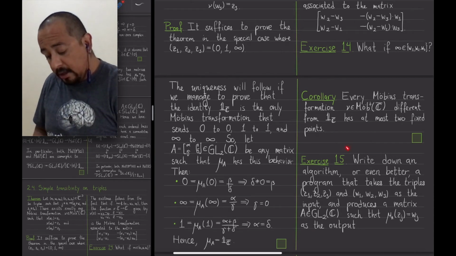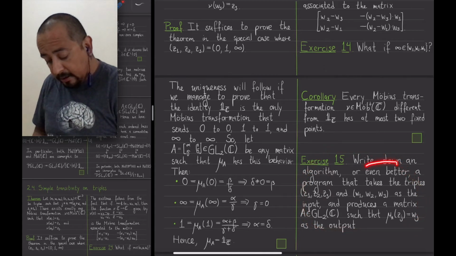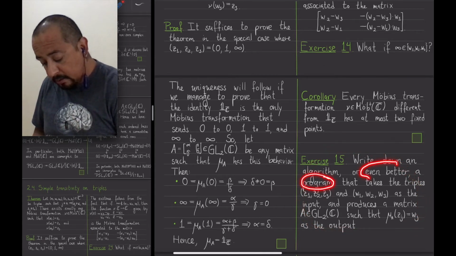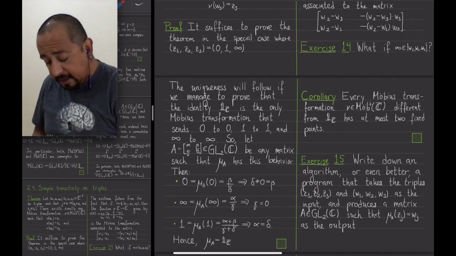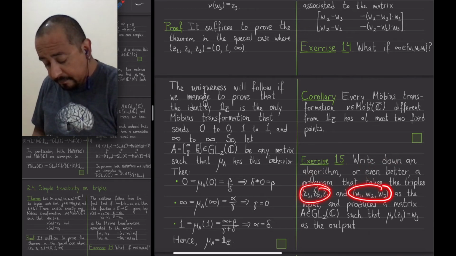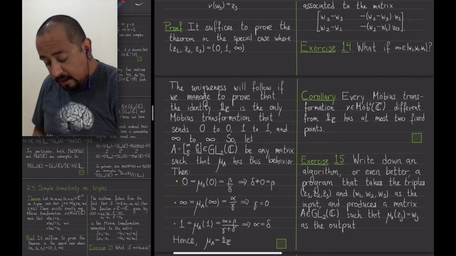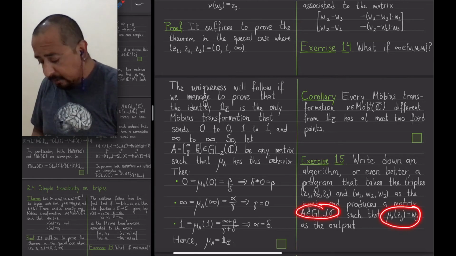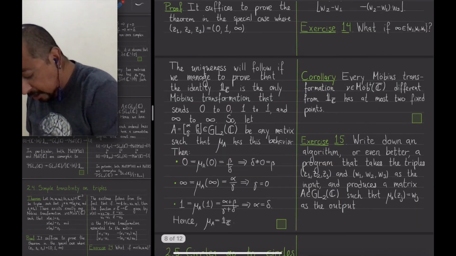As such, I would like you to write down an algorithm, or even better, a program, let's say a Python program, that takes these 2 triples as an input, and as a result, it gives you a matrix with the desired property. Right, now to be consistent with here, maybe here I should write it the other way around.